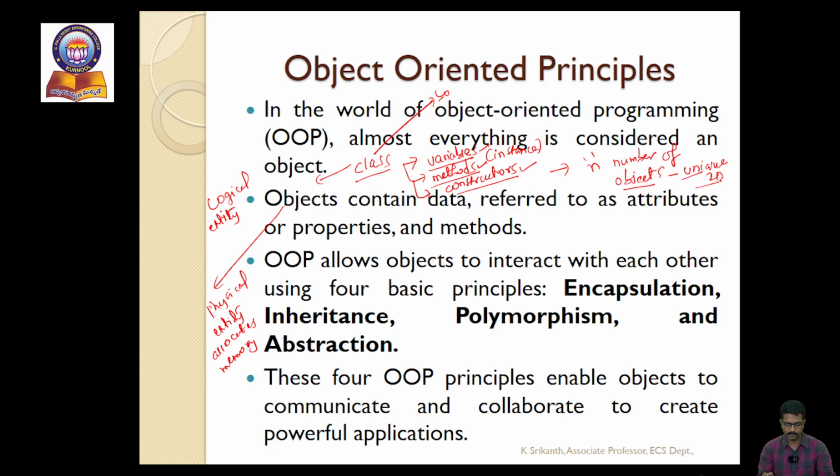Let us discuss the 4 basic principles of object-oriented programming. Here they are listed: encapsulation, inheritance, polymorphism, and abstraction. These 4 principles are very important and popular for writing real-time applications.